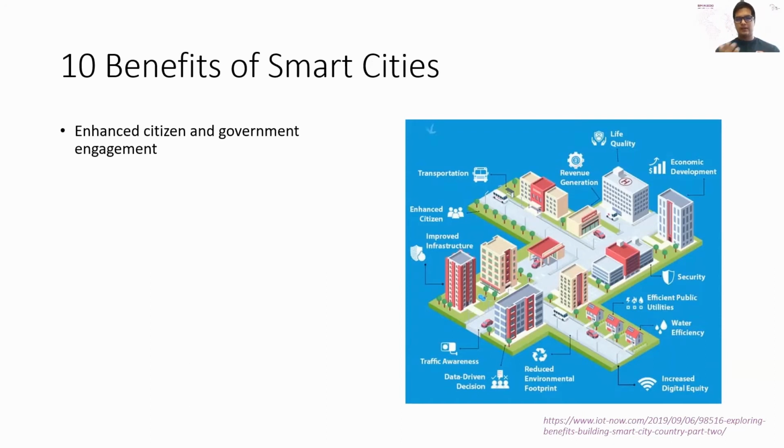If you look at the image on the right-hand side: life quality, economic development, revenue generation, enhanced transport, all of those things are going to be contributing. And if something doesn't work in the system, because of the connectivity shared by the community, by the citizens, it is much easier to communicate and make adjustments accordingly.